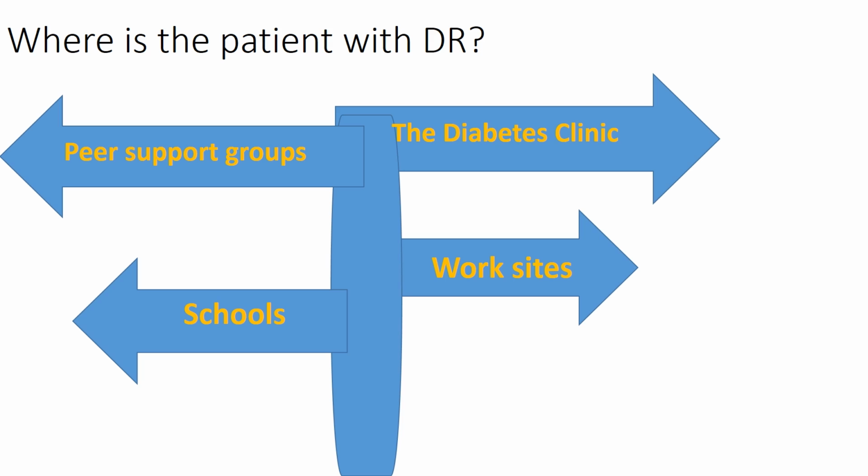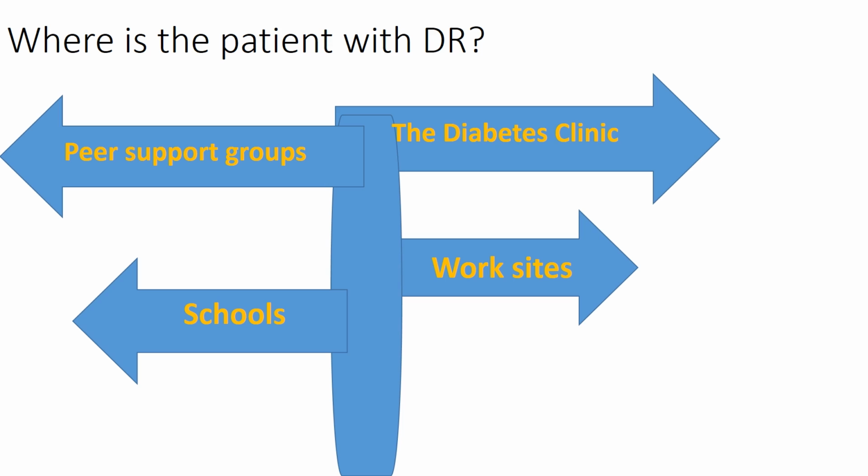They can also be found within diabetes support groups. In addition, they can be found at the work sites, in schools, and in social places such as religious places. How can we reach them in these places? How can we leverage on these places to strengthen diabetes eye care services?